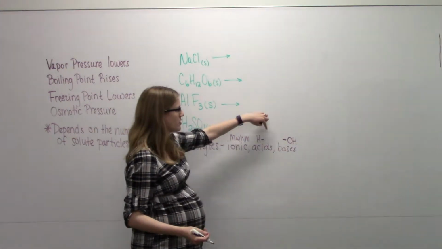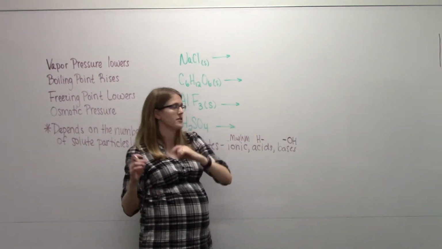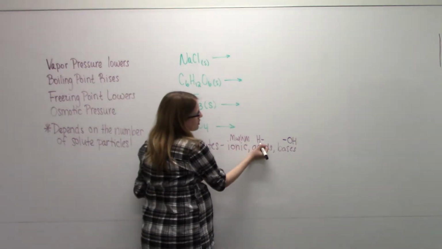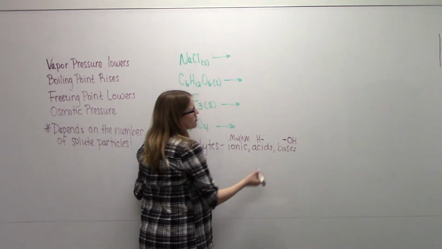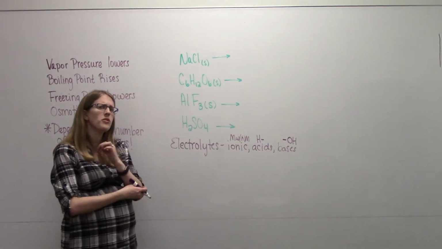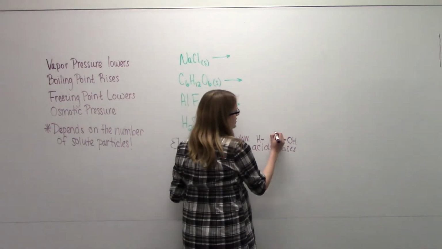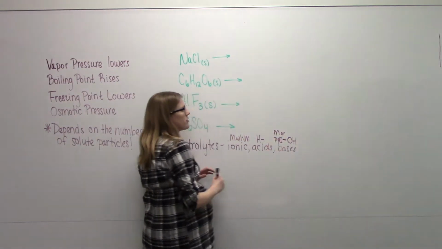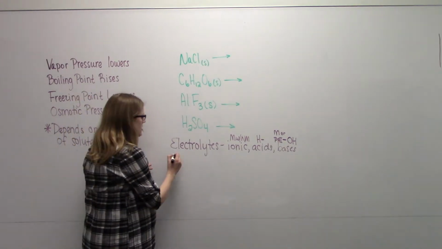You are going to get better definitions for these when we get to the acid-base half of this unit. But for now, you're looking for a metal with a nonmetal, H plus at the beginning, or OH at the end. But be careful with the OHs at the end because it does have to be OH attached to a metal or a polyatomic ion. If you don't see one of those two, it is not going to be a base, it's actually going to be covalent.